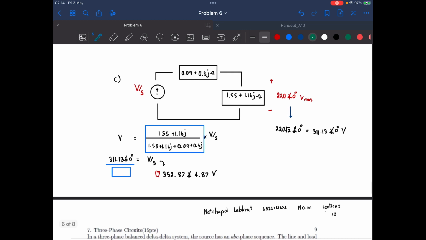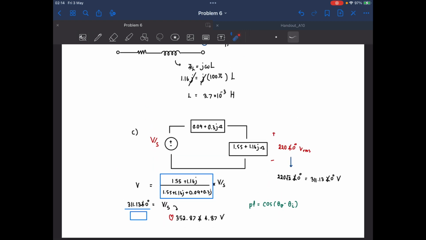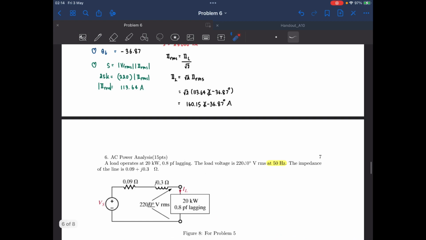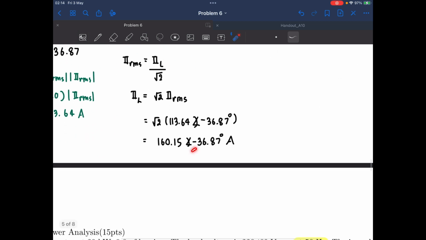And we want to also calculate the power factor of it, which can be calculated by the cosine of theta V minus theta I. And we know that it is a series circuit. The I will be the same as we calculated for the previous question, and the theta I is this value.